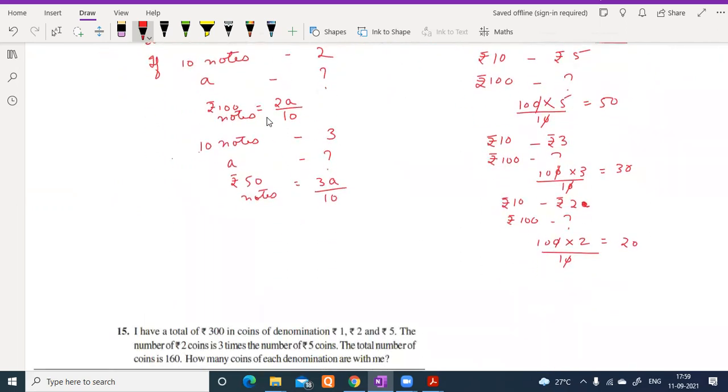Hope it's clear. If not, you can ask in the comment section below. Similarly, if 10 notes are there, the number of third notes will be 5. So if total A notes are there, that is 5A by 10. So the rupees 10 notes which I will have is 5A by 10.